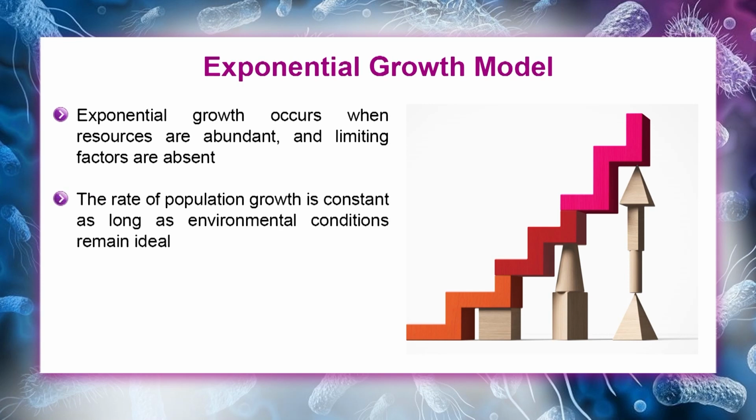The rate of population growth, the R, is constant as long as environmental conditions remain ideal. Bacteria in the exponential growth phase double in number with each generation. The population size increases rapidly during the exponential phase, leading to a steep curve on a population growth graph.